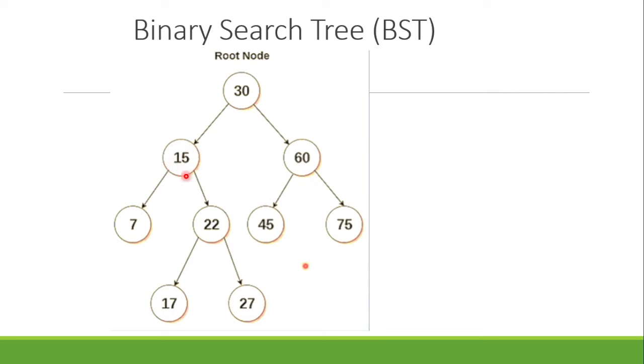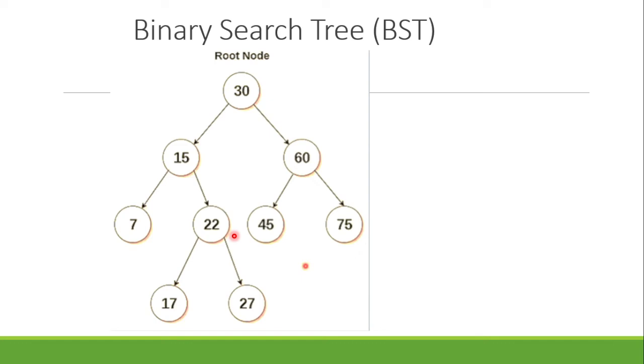We can consider it as a tree rooted at 15. Its left subtree has a node 7 and its right subtree has 3 nodes 22, 17 and 27. For this node, its left subtree has values lesser than that node and all nodes in the right subtree have values greater than that node. That is the condition in a binary search tree. It is a sorted kind of tree.